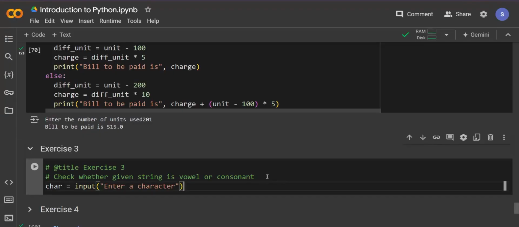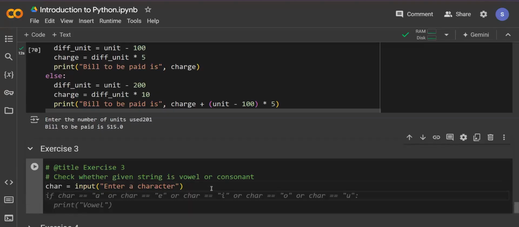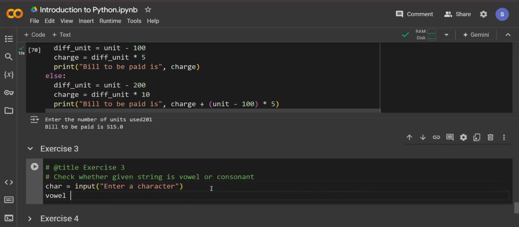Now let's understand what is the logic that is being used here. Can you tell me what can be used here? So obviously, first of all, I want all the vowels, right? So let's say vowel is equal to.